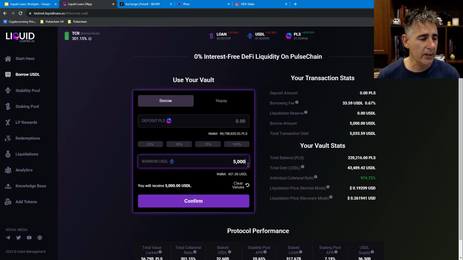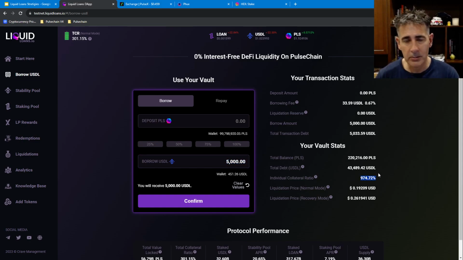So if we extract another $5,000, you can see our collateral ratio dipped again because price hasn't gone up. So we'd be expecting price to go up. And then when we take a nibble, we keep this at 1,000%. So we extract some more USDL. So let's go do that.